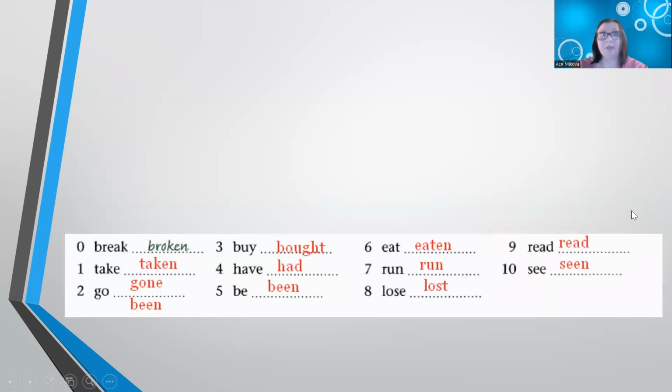There are the forms. I would like to draw your attention to one form. Number 2, look, go, and you can ask me, but go, went, gone. It's irregular, and we remember we have learned these forms. What happened? Why been?